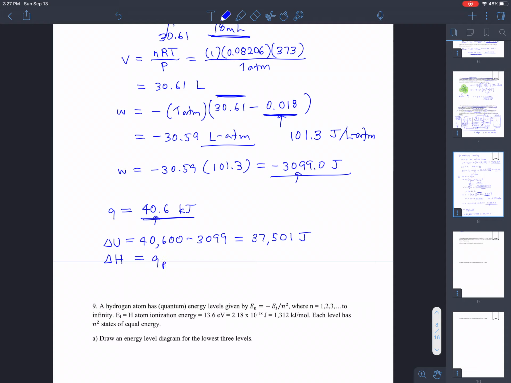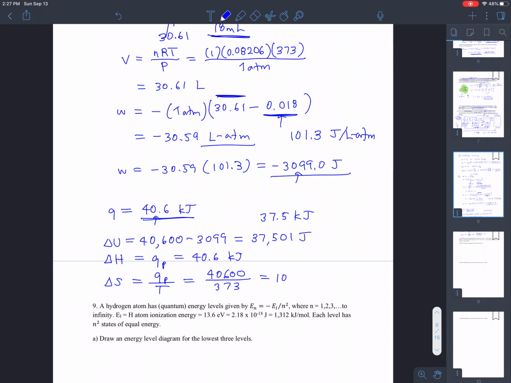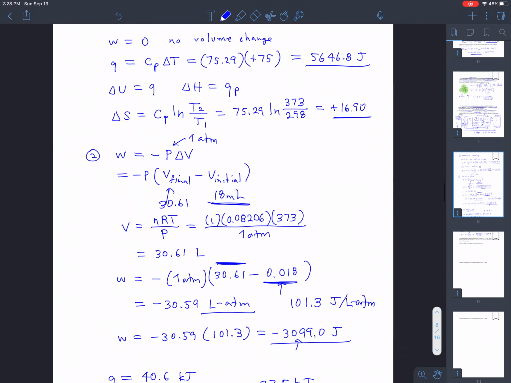This is a constant pressure process, so it's the QP, and that's just our 40.6 kilojoules. So this is our 37.5 kilojoules. And delta S, what is that? Well, this is a constant temperature process, so it's just Q divided by T, which is our 40,600 divided by 373, and that is 108.8 joules per K. All right, so that's step 2.